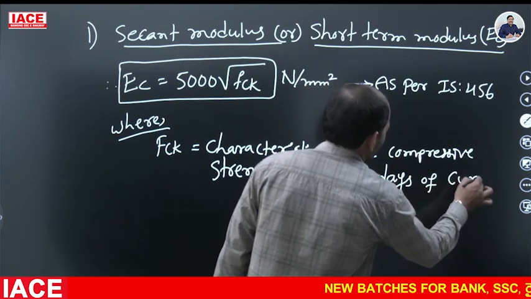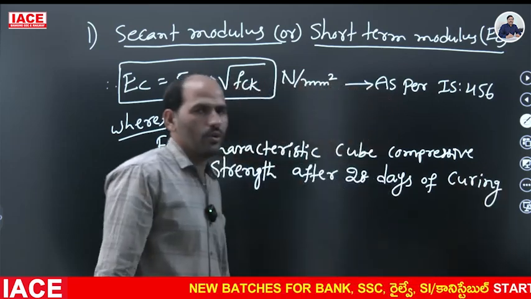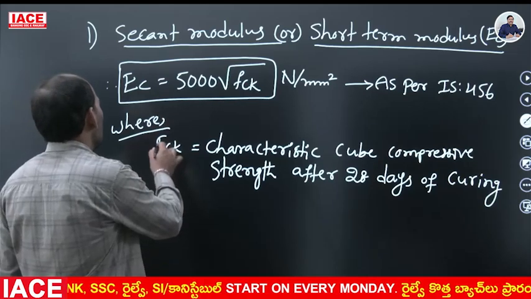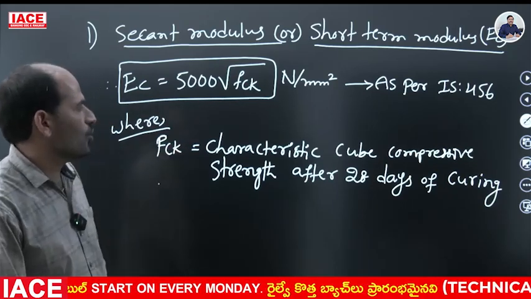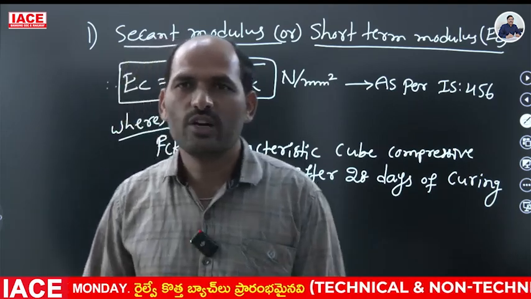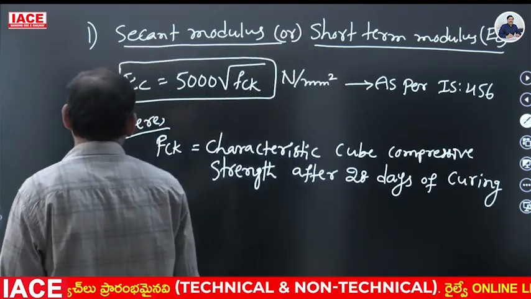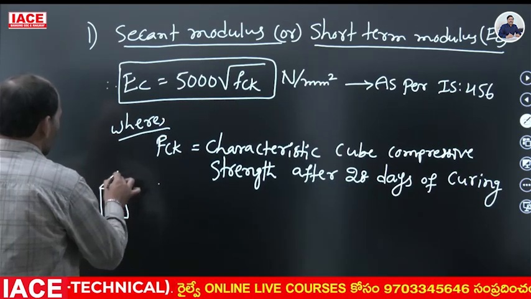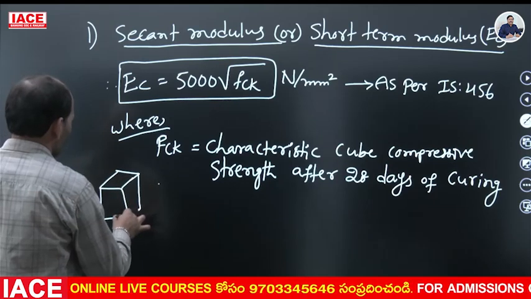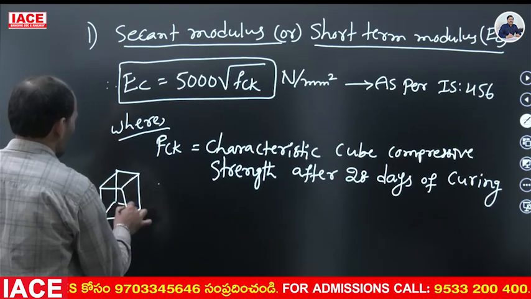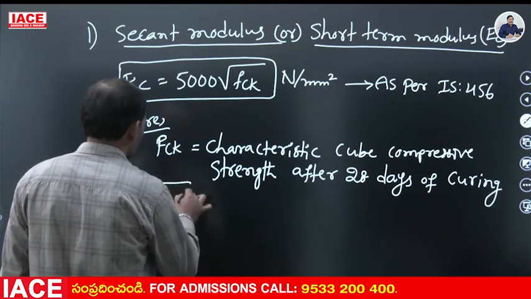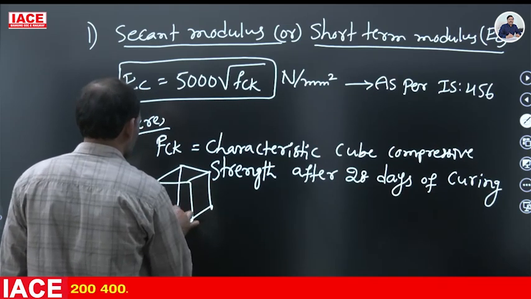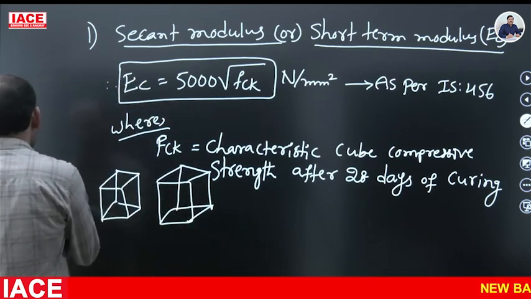So this fck is the characteristic cube compressive strength after 28 days of curing. That means here take one cube, and one more cube, and one more cube.